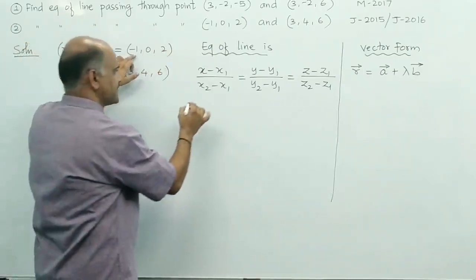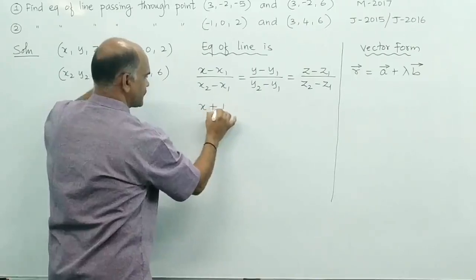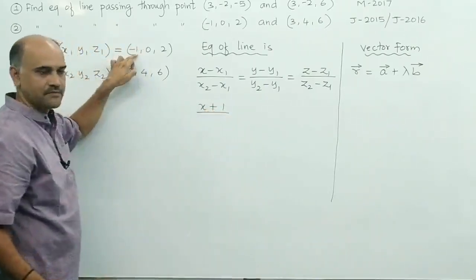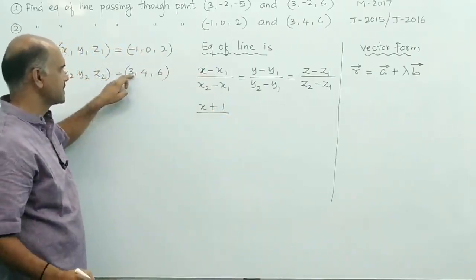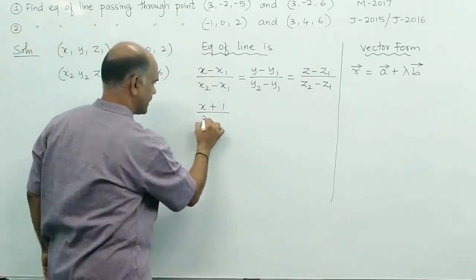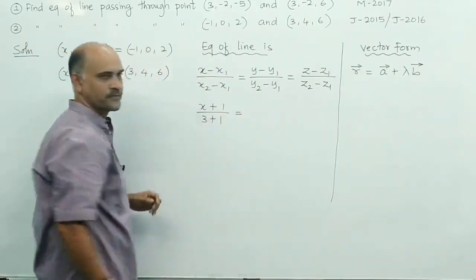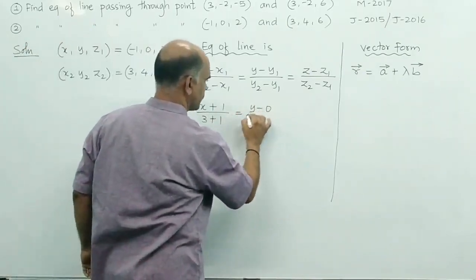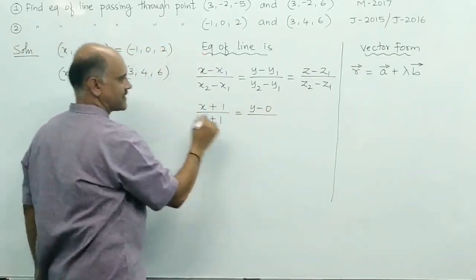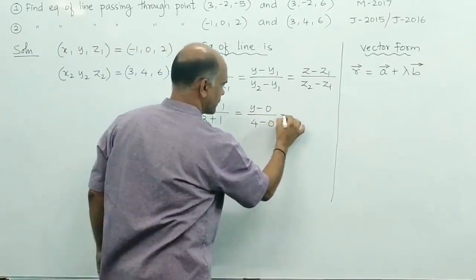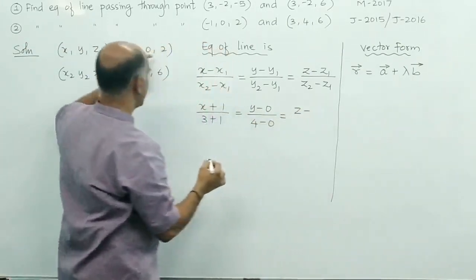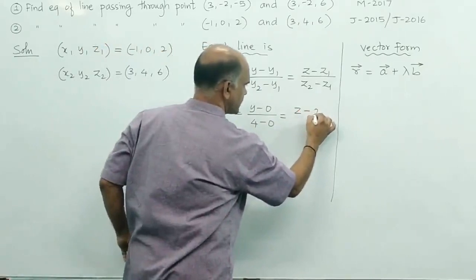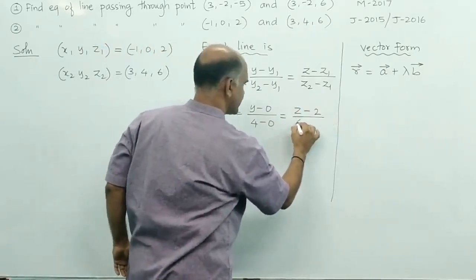So x minus x1: x plus 1, because minus 1 is there, minus of minus it will be plus, divided by 3 plus 1, equals y minus y1, y minus 0, divided by y2 minus y1, 4 minus 0, equals z minus z1, z minus 2, divided by 6 minus 2.